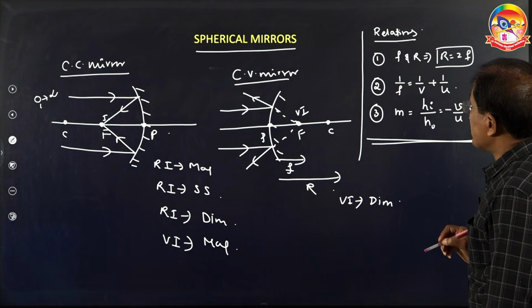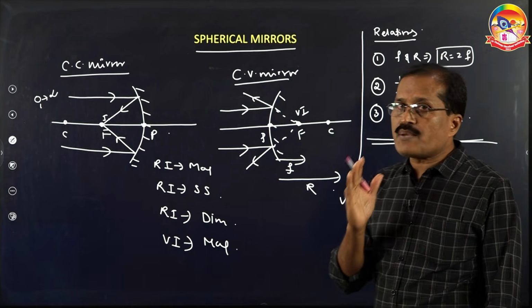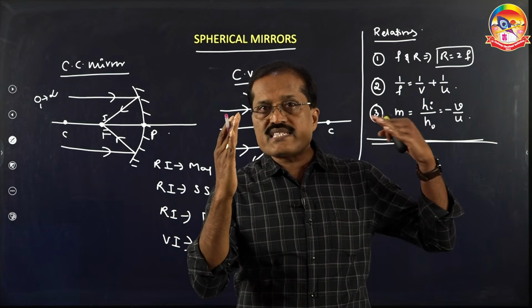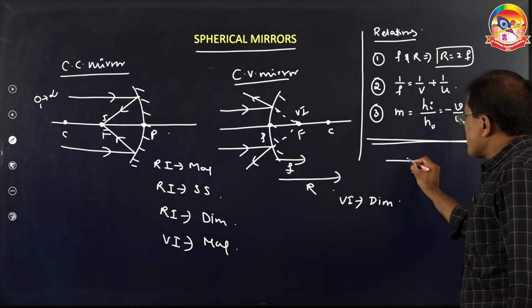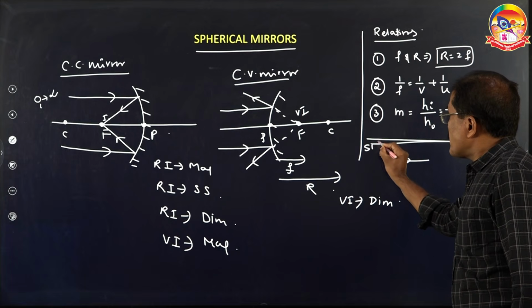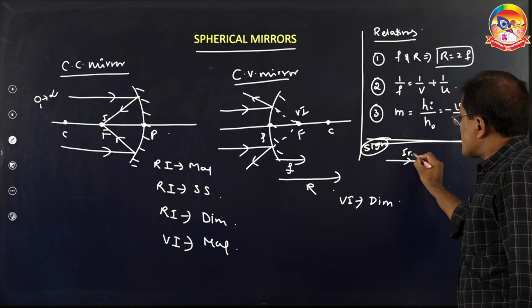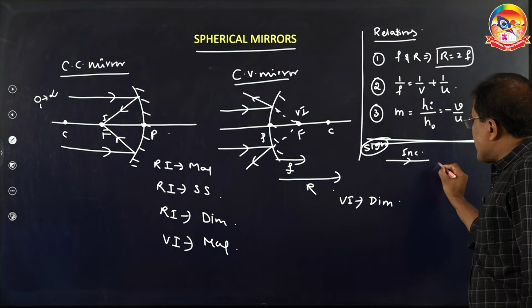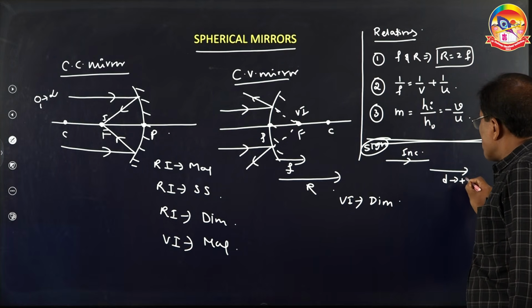Now, let us take that here. In this case, what are the sign conventions, children? Sign conventions are very important. Sign conventions I am writing here, whether mirrors or lenses. Whenever you take any distance in the direction of the incident ray, it is positive.